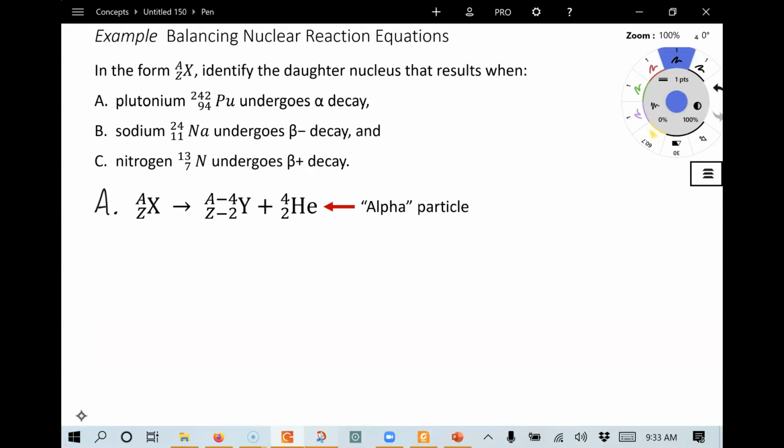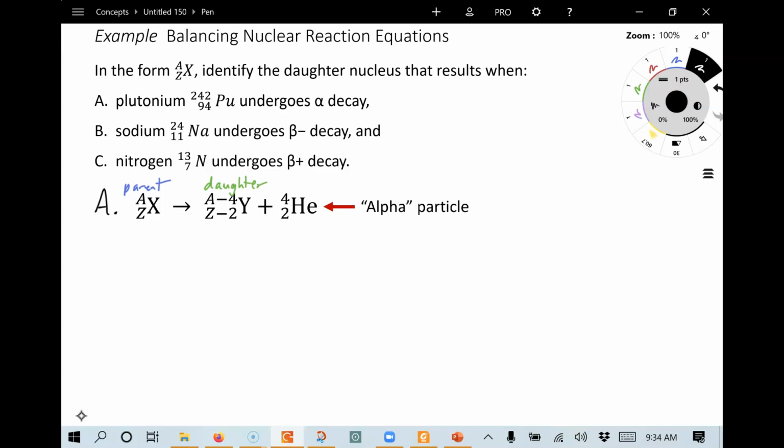We typically call the original nucleus on this side of the equation the parent. After the reaction, you are left with an alpha particle, a helium nucleus, which is ejected from the nucleus, and then you have a daughter nucleus also. We're trying to find the daughter here.